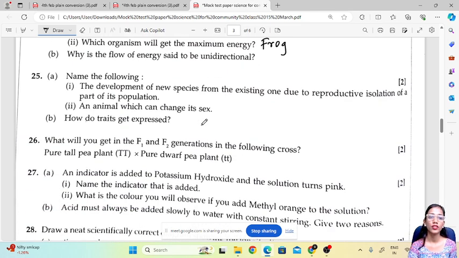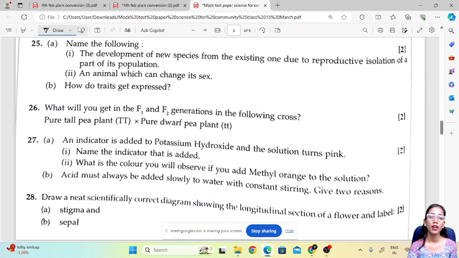Okay, now we go to question number 25. Name the following. The development of new species from the existing one due to reproductive isolation of a part of its population. Okay, what is the process called when there is formation of new species? We know that the process is speciation.